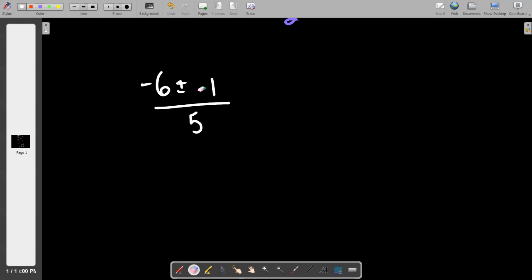This is my pathway problem where I'm now literally going to trace 2 different pathways to get 2 distinctly different rational answers. So if I trace the pathway named plus, what is -6 plus 1? And what is -5 if you place it over 5? What does that equal? One of your answers is -1.